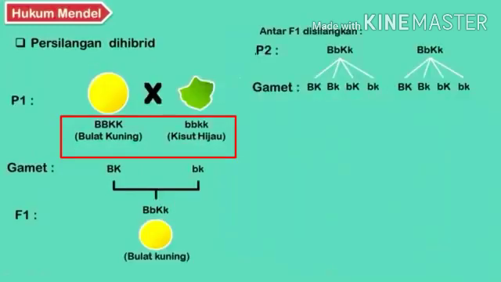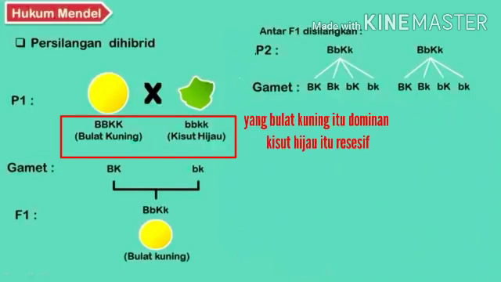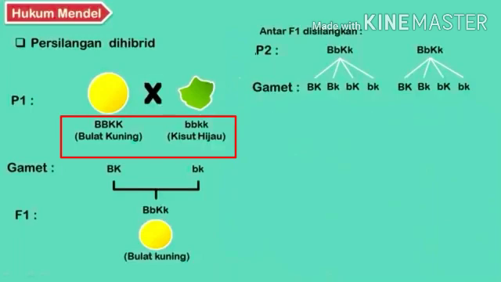We will cross the yellow round BBKK with the green wrinkle bbkk. The yellow round one is dominant. The green wrinkle is recessive. The first thing we determine is the gametes. Still remember, habibi wa habibti? P1 is parental or the first parent. BBKK, the gametes are of the same type.